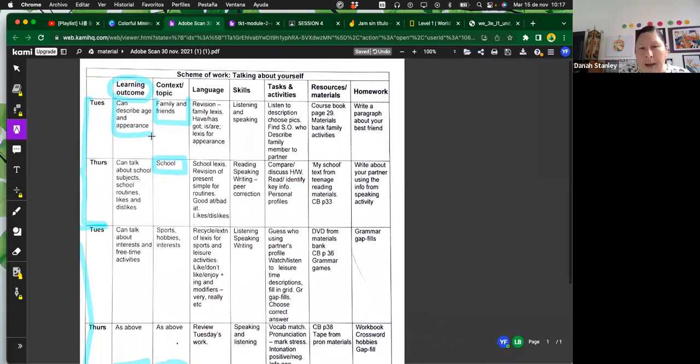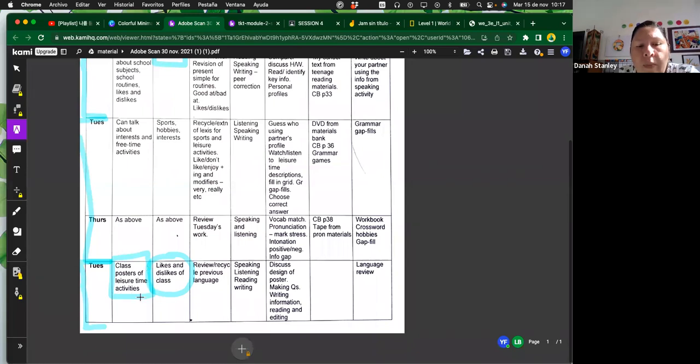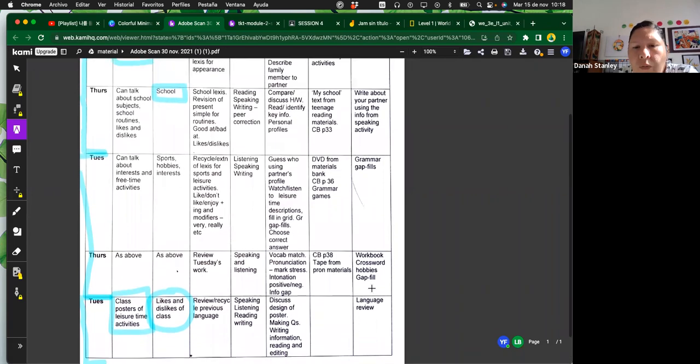Let's find why, okay. Entonces you have on the first class, the last class, we are going to make a poster. Talk about likes and dislikes of class. Previous language, they are going to develop speaking, listening, reading, and writing. They are going to discuss design of poster, make questions, writing information, reading and editing, and language review.